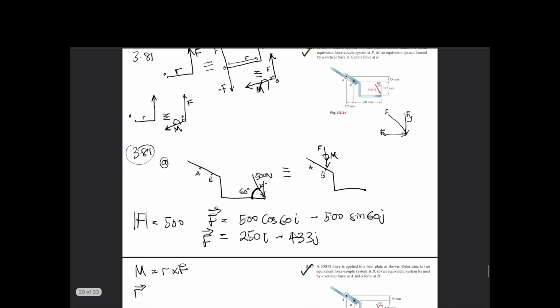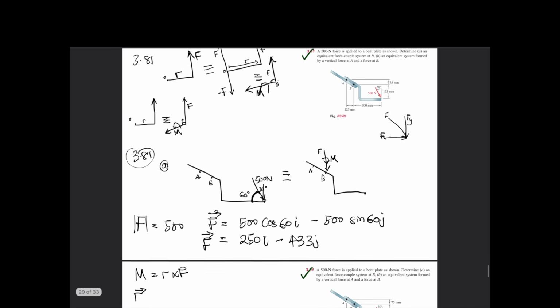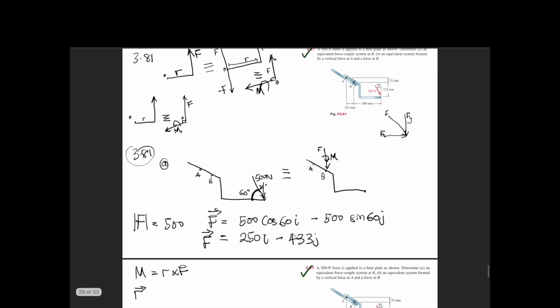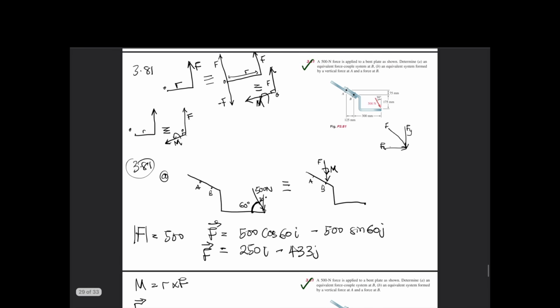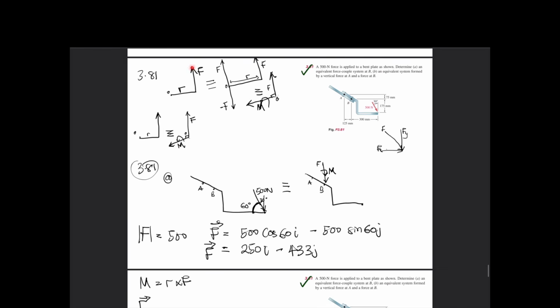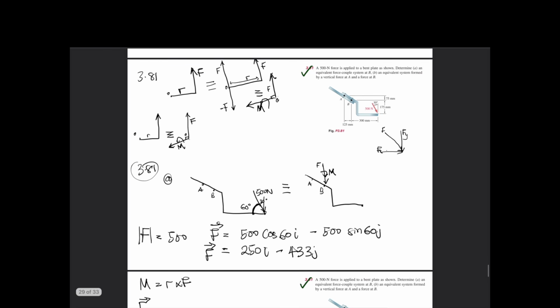When we are replacing this force by another force at another point and a moment, to form a couple, that moment is the moment of the force about that initial point. So our r is going to be directed towards the initial point.